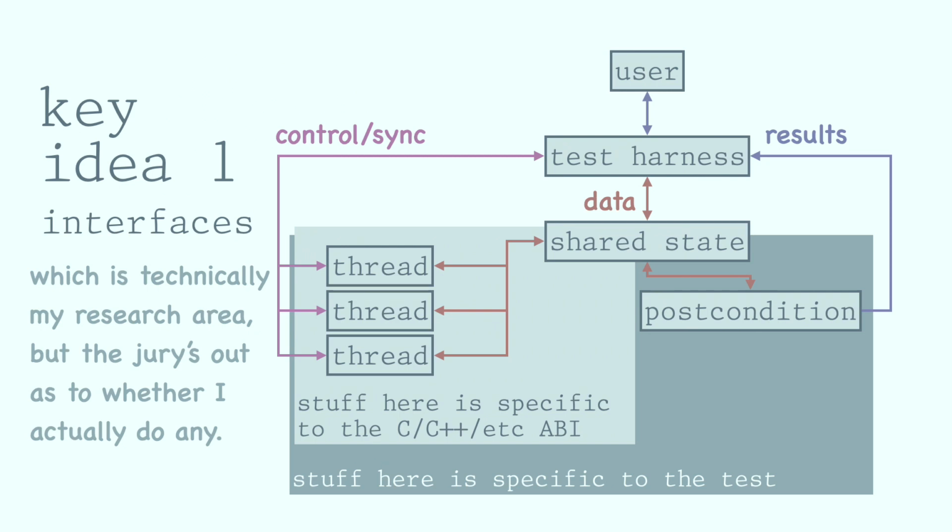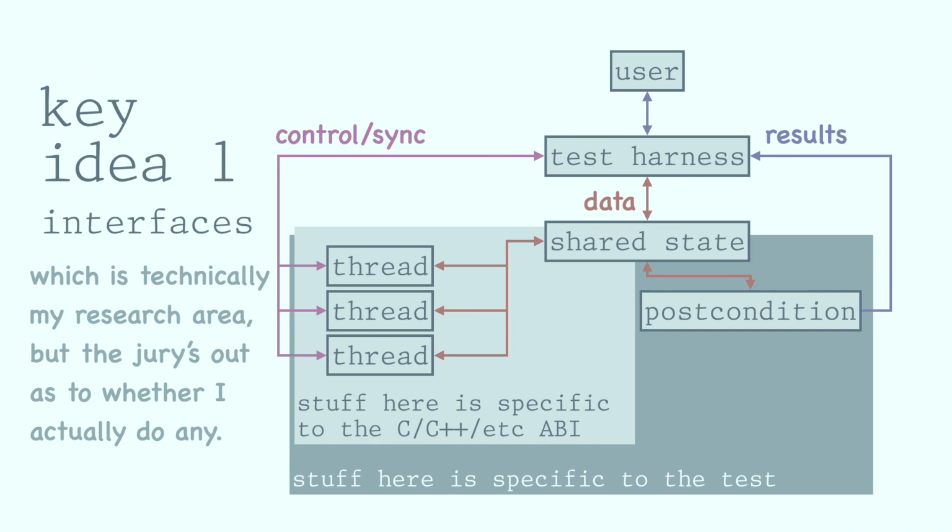And one example is that only a small bit of this setup is actually specific to C11 atomics or C++11 atomics or the other bits that are sensitive ABI-wise. So things like the threads and parts of the shared state model are specific to the ABI, but things like, say, the post-condition checking and the top level harness, less so.